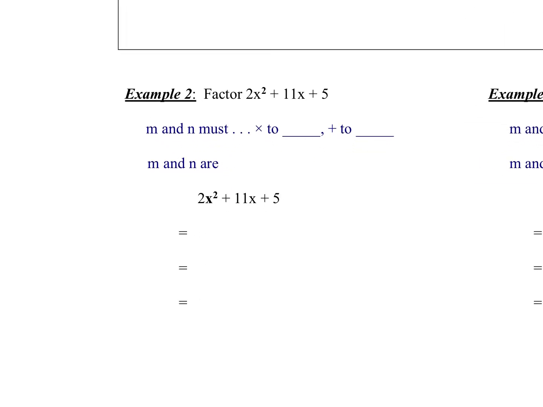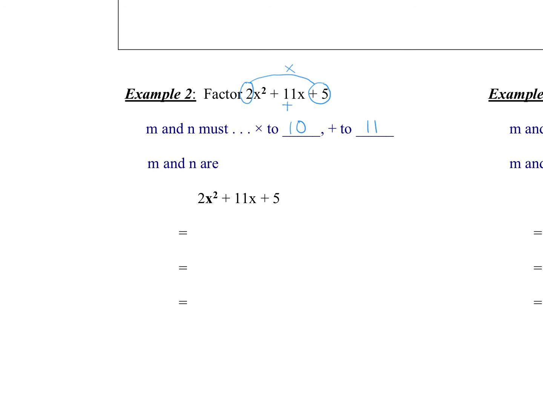So we'll do example 2. You take the 2 and the 5 and multiply them together. 2 times 5 is 10, so you're looking for two numbers that multiply to give you 10 and add to give you the middle number, which is 11.